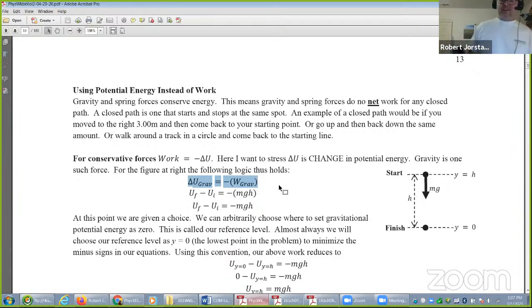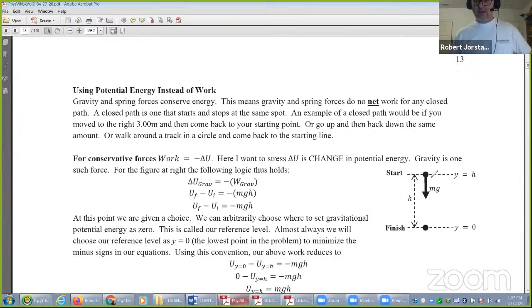The change in potential energy associated with gravity, whatever that is, by definition is given by minus the work done by gravity. Okay? So imagine we're starting right here. And we're going to go this direction from start to finish. Well, the work done by gravity would be mgh.